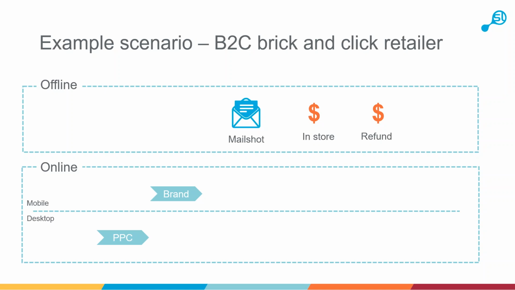They might have a mail shot, which could be a physical mail shot that you track in your CRM. So they might have a leaflet, a pamphlet, sorry, delivered to the house. But then they might walk into a store and buy a product, and then even walk back into the store and get a refund. So there's an awful lot of offline interactions here.